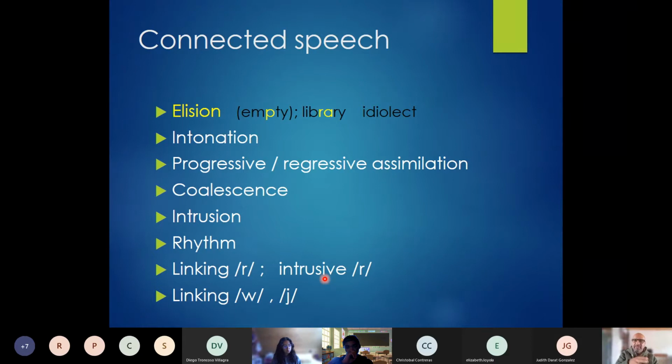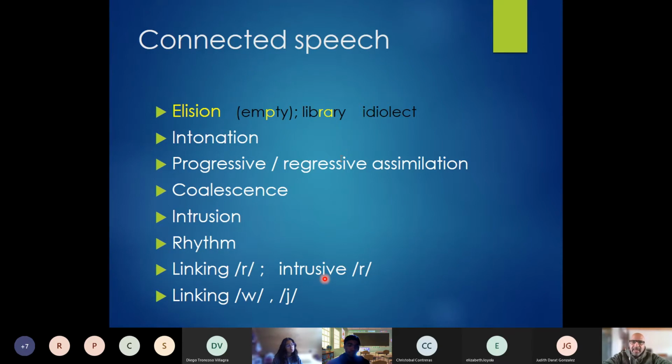So there were some changes to the language, and sometimes these changes involved losing some phonemes, losing some sounds, particularly in the case of English. So in the case of empty, there's the loss of one phoneme, right?